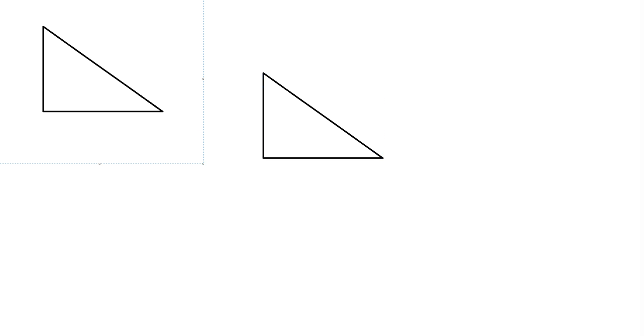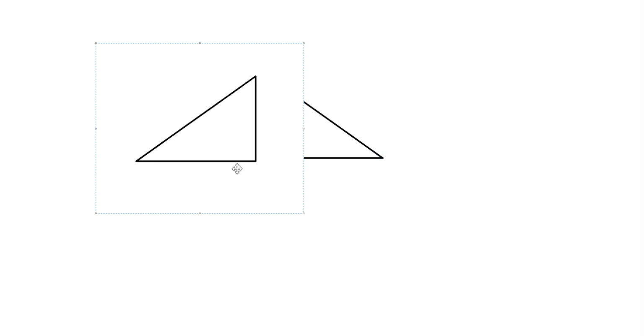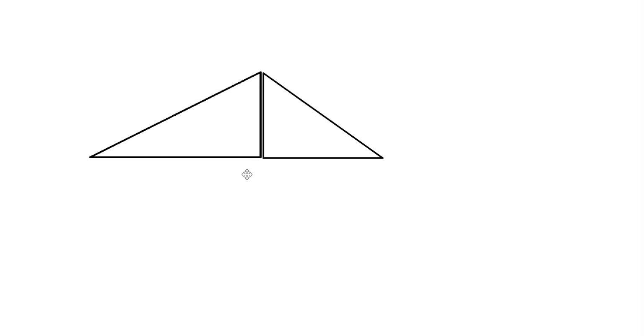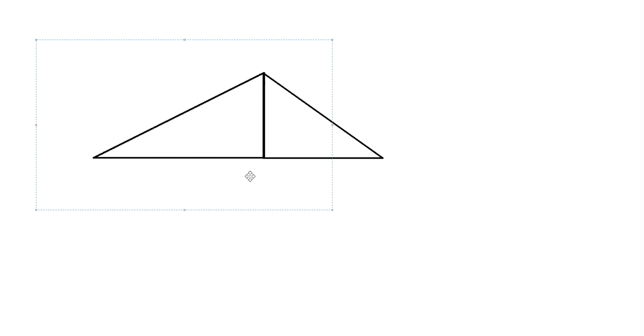Actually, we are going to copy and paste that, and stretch that one out a little bit. There we go. Move over. That's not too bad. Okay, something like this.